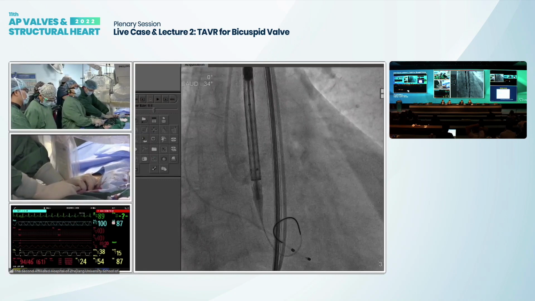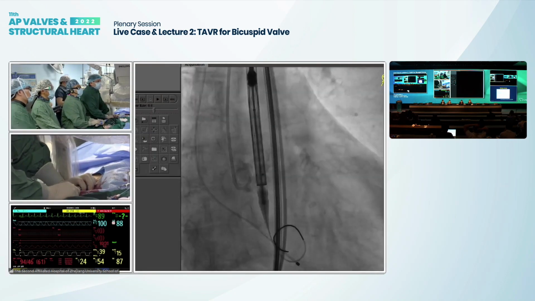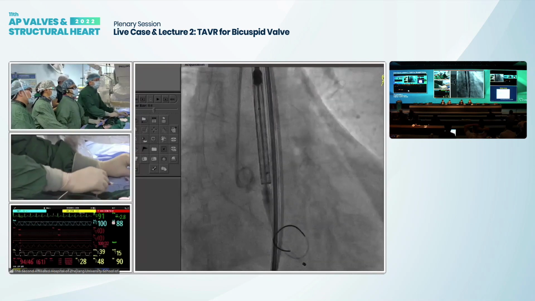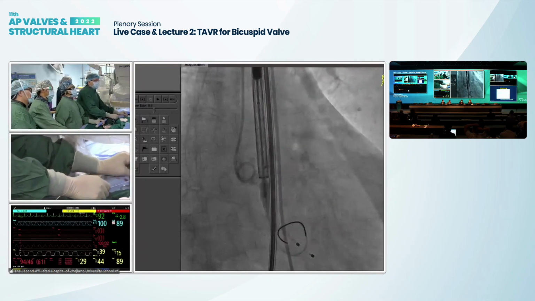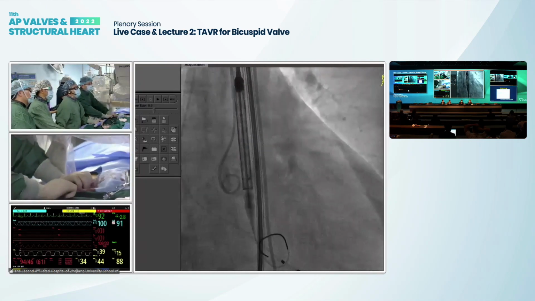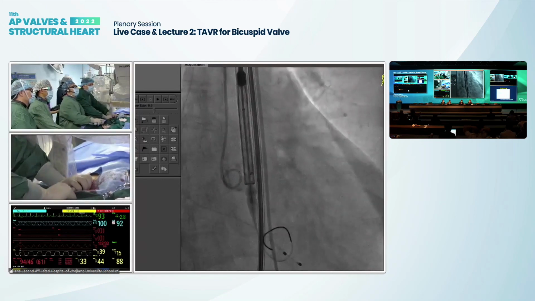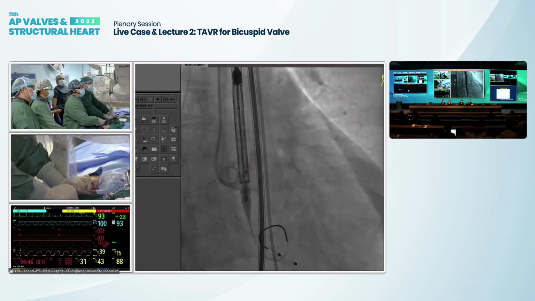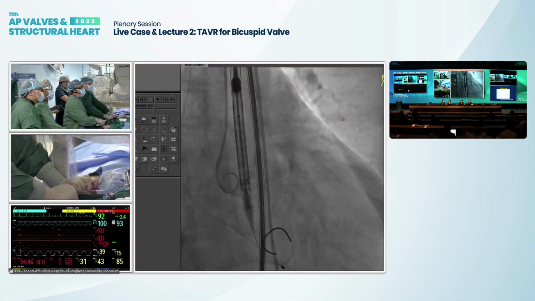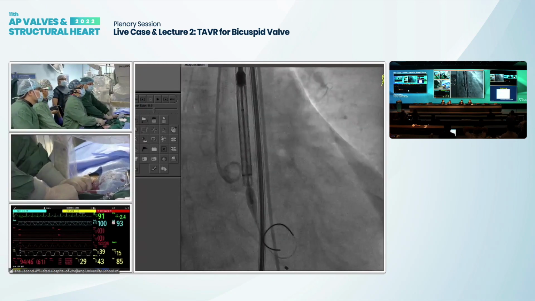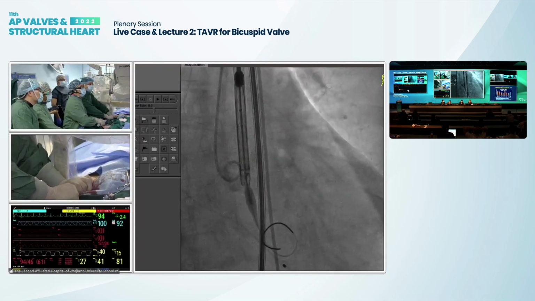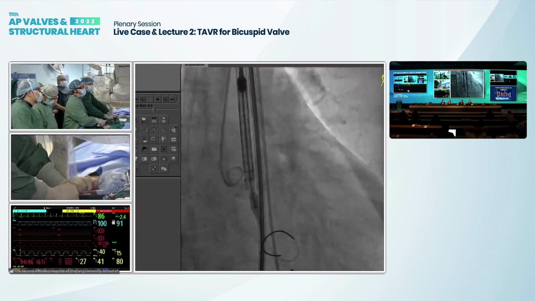Yeah. Let me do an angiogram to see whether the pigtail is sitting well or not. Okay, the calcification can be seen, it's blocking. So regularly we target 1 to 3 millimeter lower than the annulus.